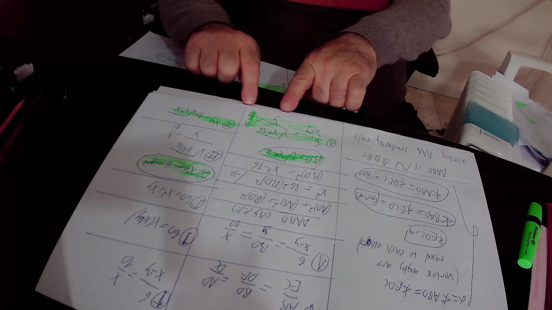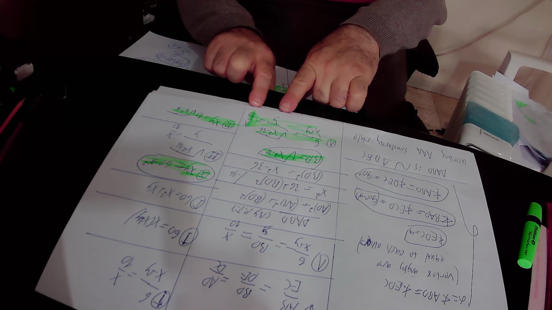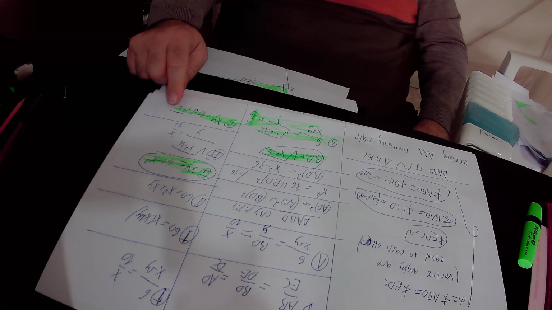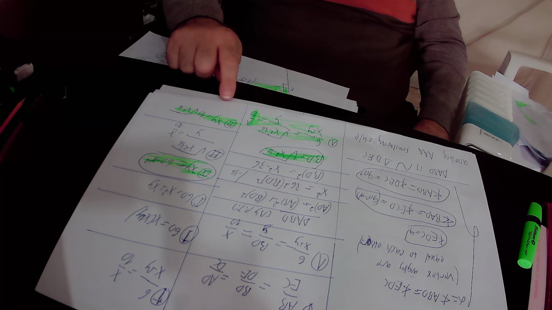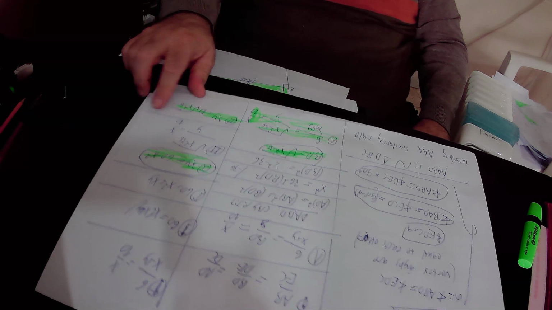Then we created equation number 2. According to equation number 2, those two expressions are equal to each other. That is to say, the square root of x squared minus 36 over y equals x over 10. We cross multiplied this equation, and we got that xy equals 10 times the square root of x squared minus 36.